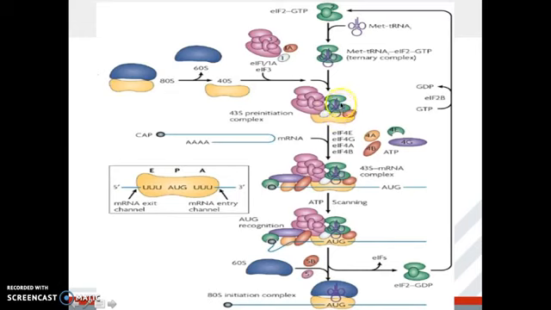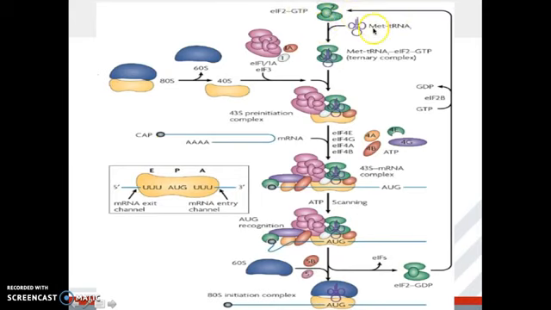tRNA with methionine here. If you remember, whenever translation occurs, the tRNA carrying an amino acid goes into the A site, then moves to the P site to synthesize the peptide, and then exits through the E site.